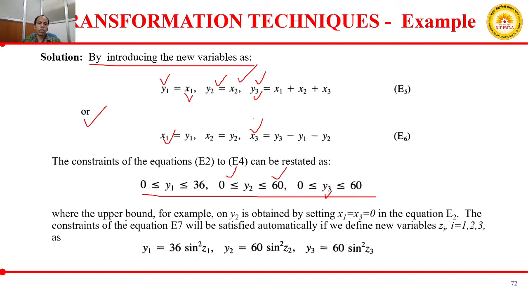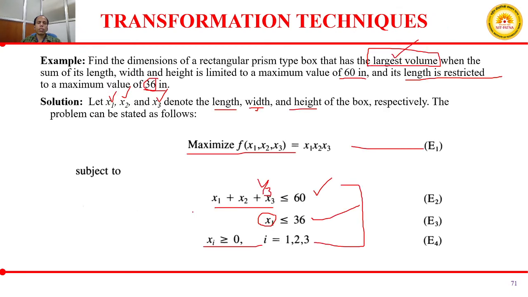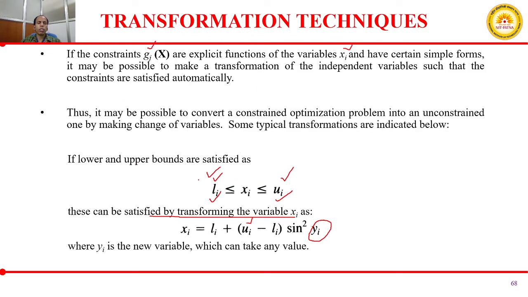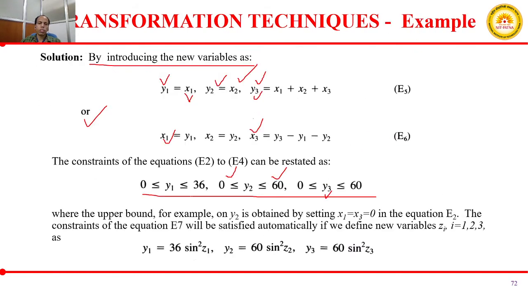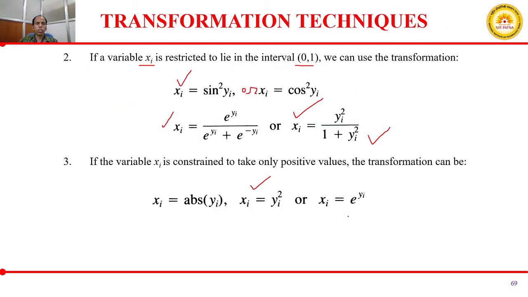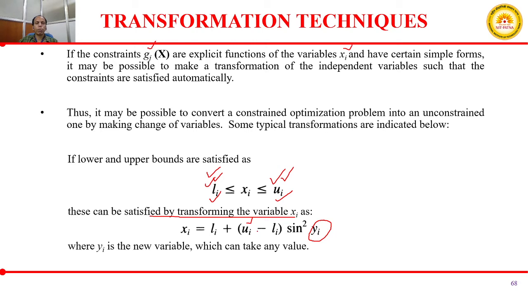Since we are able to bound our constraint between some lower value and upper value, with lower value li equal to 0 and corresponding upper value ui being 36, 60 and 60, we will transform these constraints using this formula: xi equal to li plus ui minus li into sine square yi.